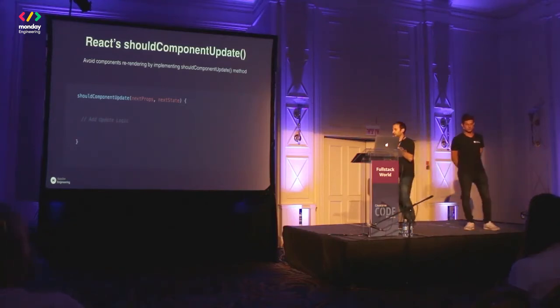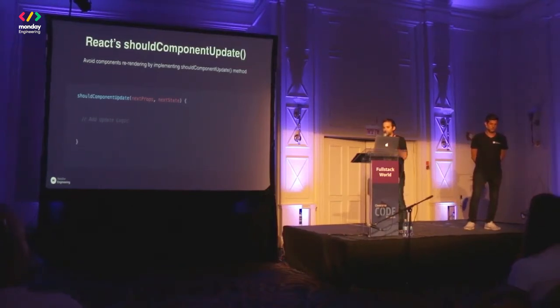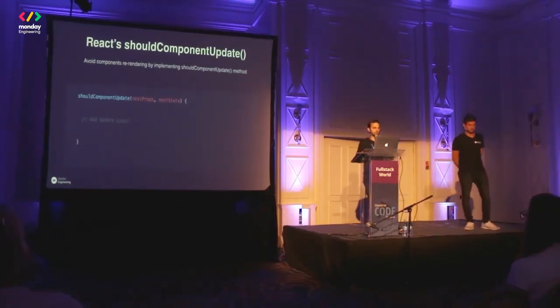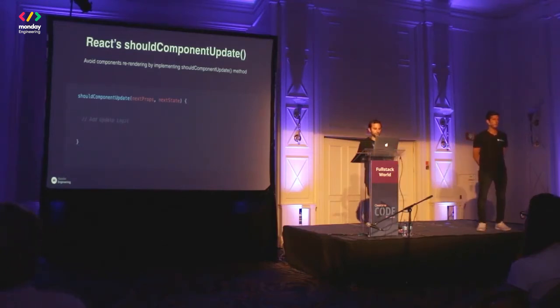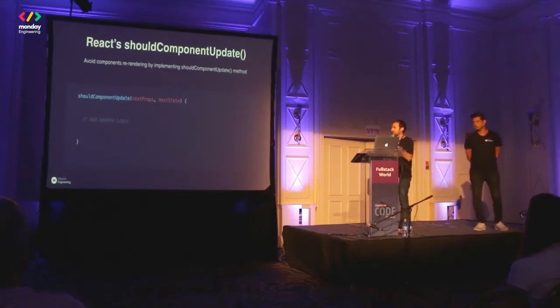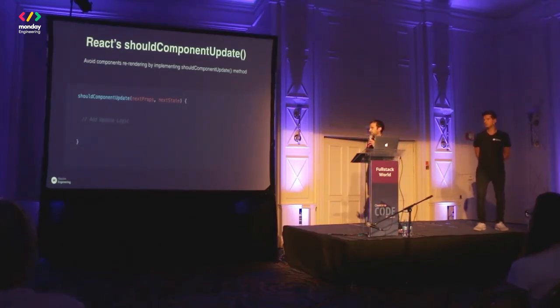React gave you this lifecycle method in order for you to have better granularity and decide when and if you want to continue to the render method of a certain component. As you can see, you have access to the next props and the next state, and of course you have the current props and the current state accessible, and then you can do some comparison and return false in case you don't want to proceed to the rendering part.